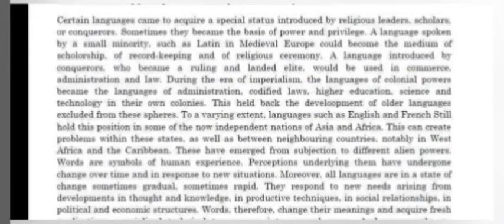Certain languages came to acquire a special status introduced by religious leaders, scholars, or conquerors. Sometimes they became the basis of power and privilege. A language spoken by a small minority, such as Latin in medieval Europe, could become the medium of scholarship, of record keeping, and of religious ceremony.